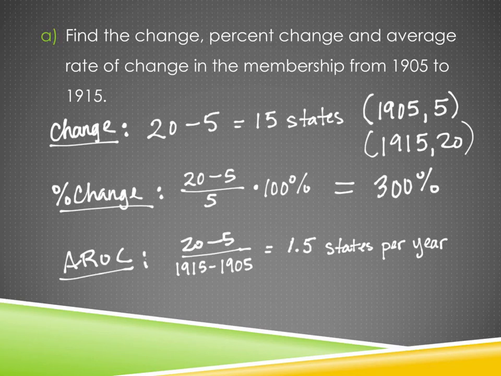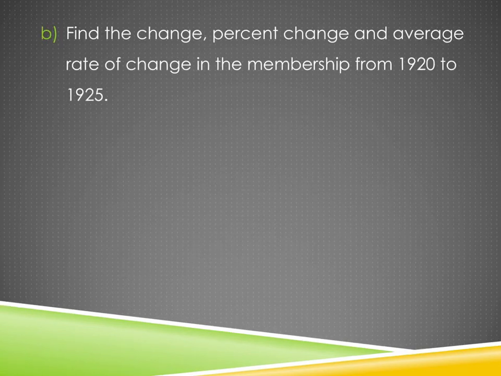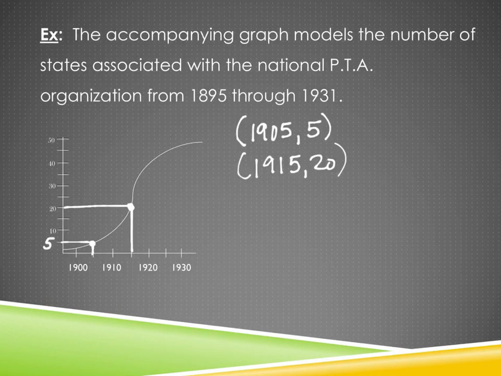Now, it's important to recognize that those years 1915 and 1905 are very specific. So if I change the years, I don't expect to get the same answers. So we're going to do the same calculation again, but we're going to do it from 1920 to 1925. So going back to my picture, I need 1920, which is right here-ish, and 1925 is right here-ish, and we're going to come over here.